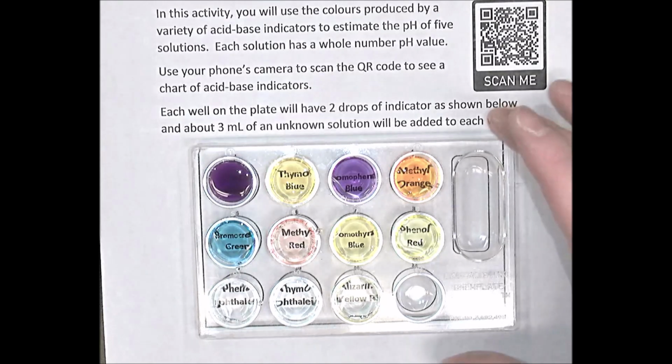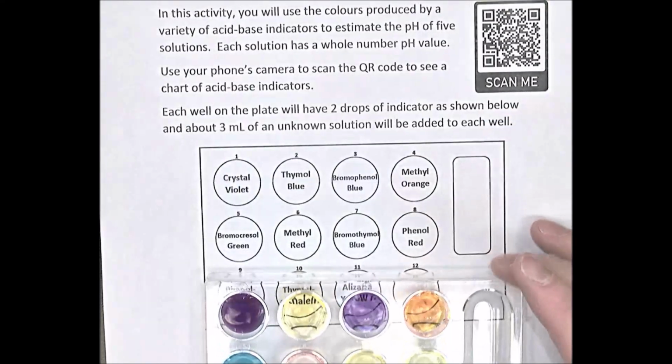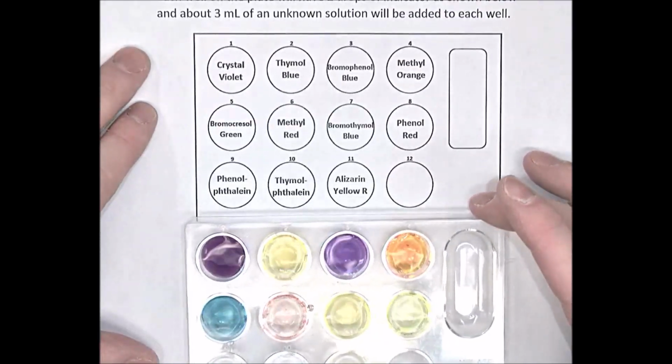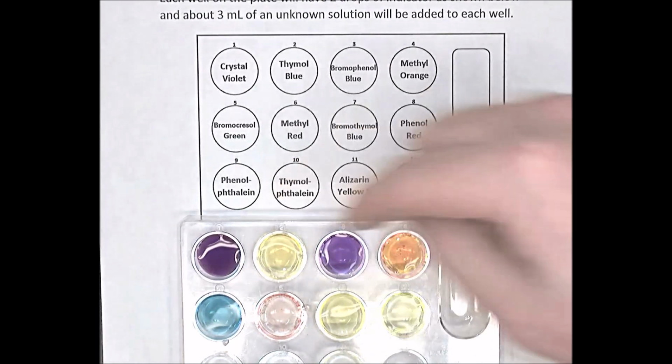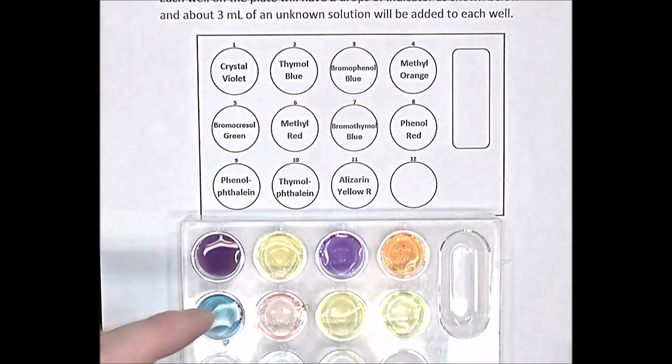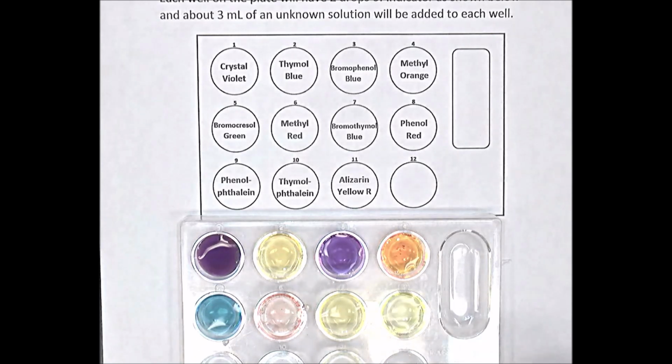So I'll reveal this one more time so you can see the indicators that are there. So the top row is crystal violet, thymol blue, bromothymol blue, methyl orange. You can see the colors. Bromocresol green, methyl red. It's a little faint, but it's a bit reddish.